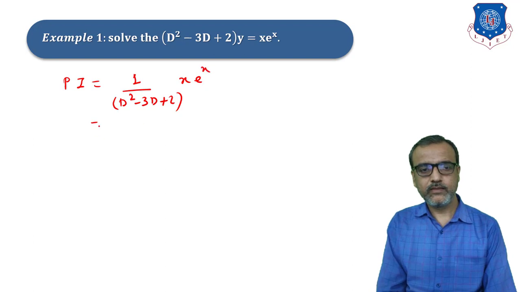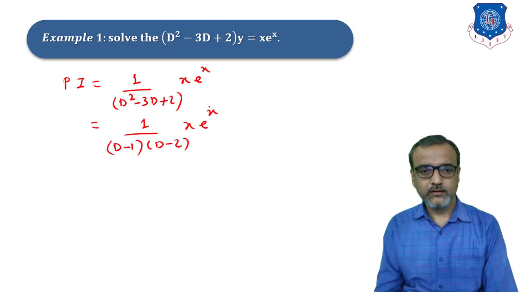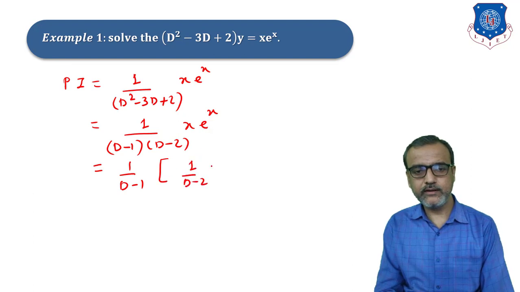Now factorize D square minus 3D plus 2, and those two factors are D minus 1 and D minus 2, times x e raised to x. Now we will apply the general method to obtain PI. We will keep 1 upon D minus 1 as it is, and we will apply the 1 upon D minus 2 operator on x e raised to x.